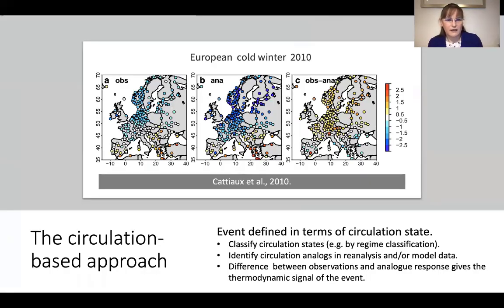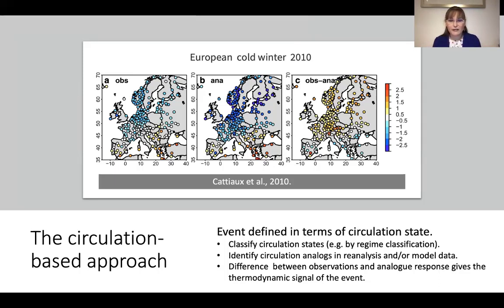So again, here's another example. Again, this is one of these groundbreaking papers by Cattiaux et al. in 2010, and this was looking at a cold winter in Europe. Sorry, lots of European examples in this, I'm afraid. Again, the event's been defined in terms of the circulation state.